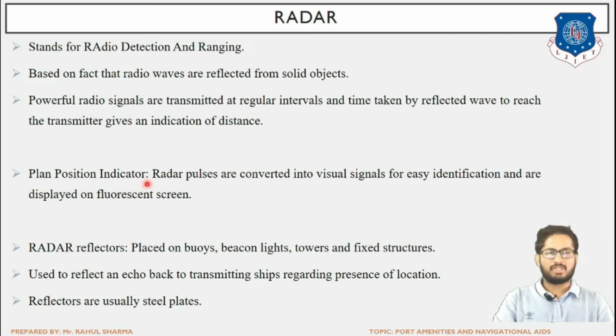Now there is a plan position indicator in the ship. The radar pulses are converted into visual signals for easy identification and are displayed on fluorescent screen. So there is a screen, that is the fluorescent screen, in which the waves, after getting reflected and after being caught in the tool itself, will be seen in the screen. So we can get an idea regarding the coordinates, regarding the latitude, longitude of that specific point.